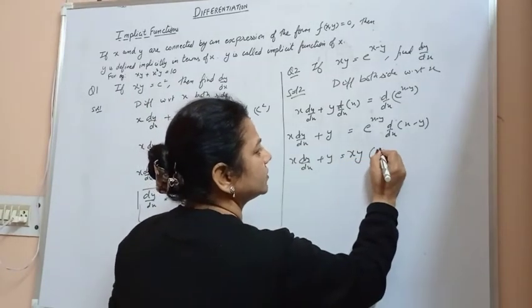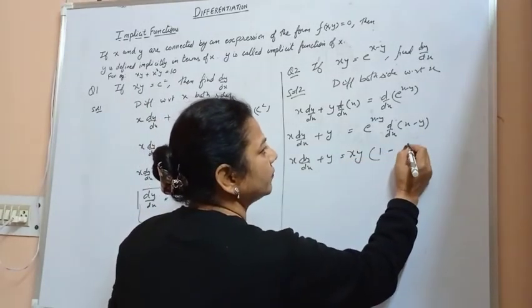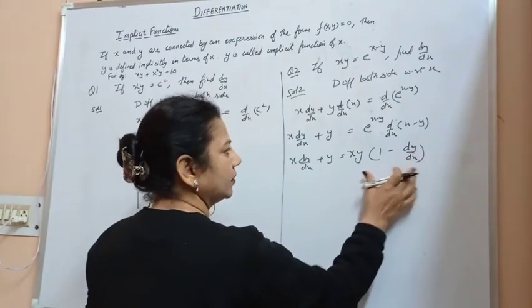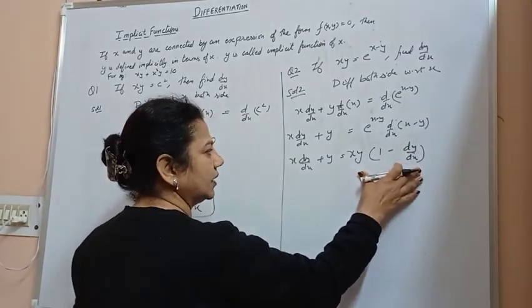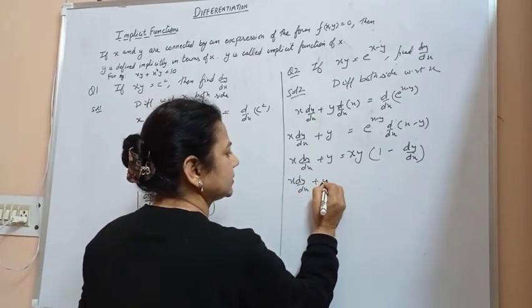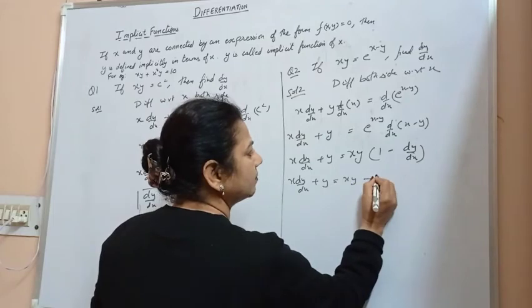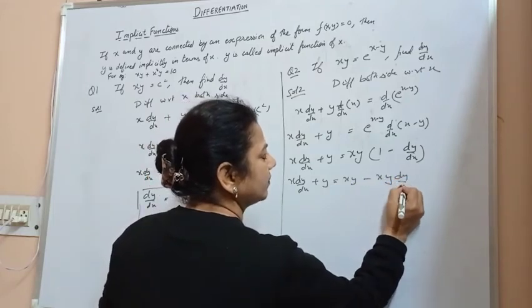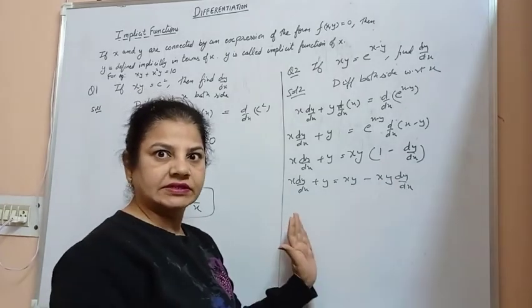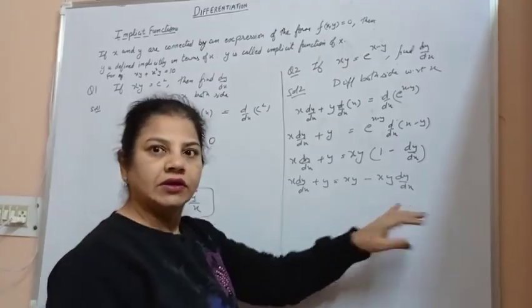xy into 1 minus the derivative of y, which is dy by dx. Multiply this and open the bracket. x dy by dx plus y is equal to xy minus xy dy by dx. I take the terms with dy by dx on the left hand side and the rest of the terms on the right hand side.